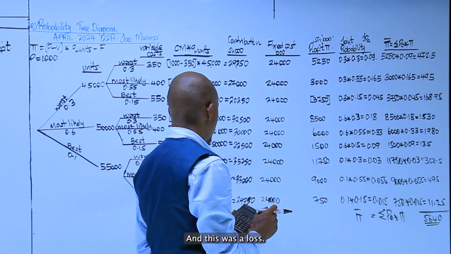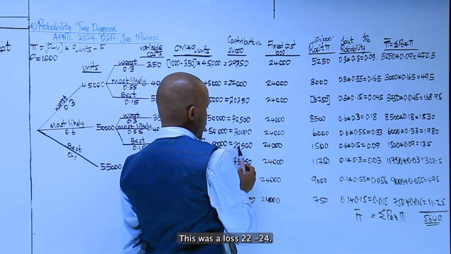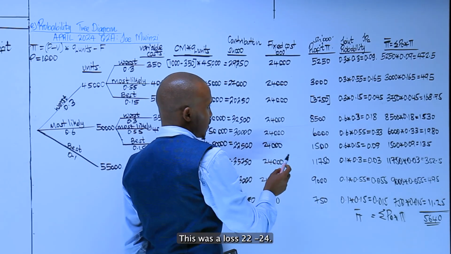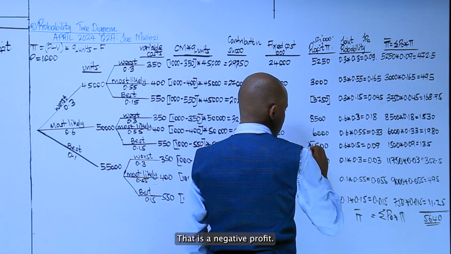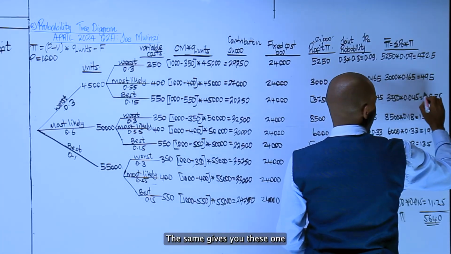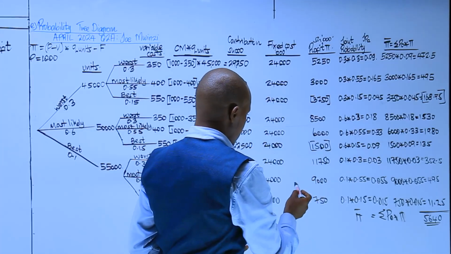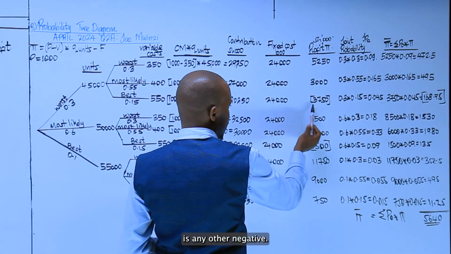And this was a loss, 22 minus 24, that is a negative profit. The same case with this one. We have left out those negatives. Is there any other negative?